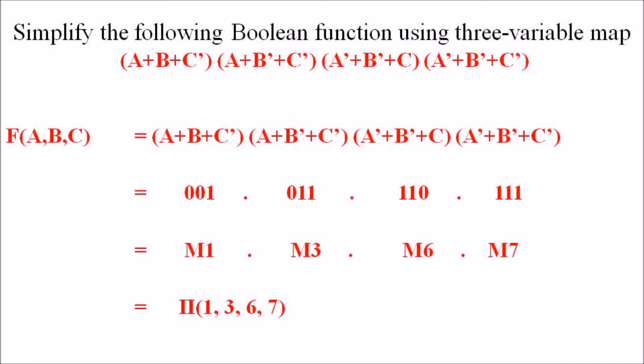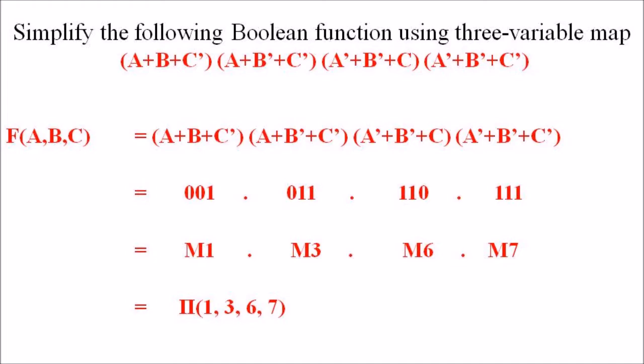So let us consider the function one more time. Our function is (a + b + c') · (a + b' + c') · (a' + b' + c) · (a' + b' + c'). If we convert these individual terms into the max term representation, a + b + c' can be represented in max term as 0, 0, 1. a + b' + c' can be represented as 0, 1, 1.